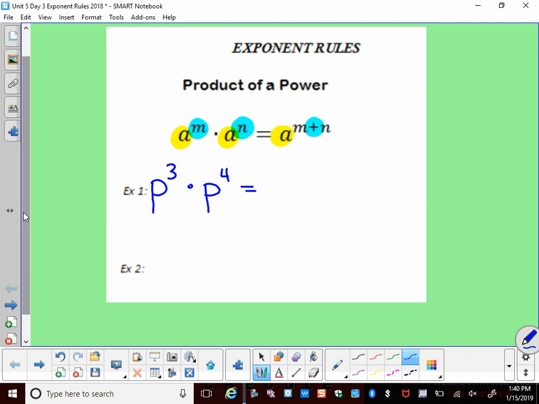Okay, I have the same base of p, so that stays the same, and I add my exponents. So what is my answer? P to the what? P to the 7. Okay, so if you are multiplying the same base, you add your exponents.